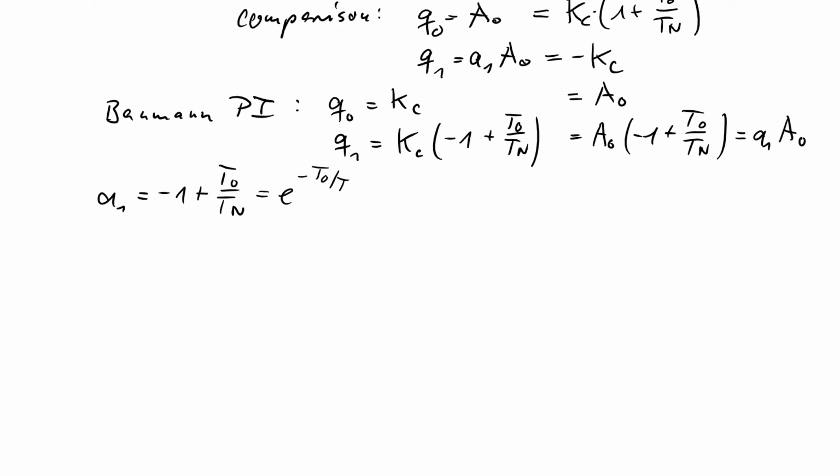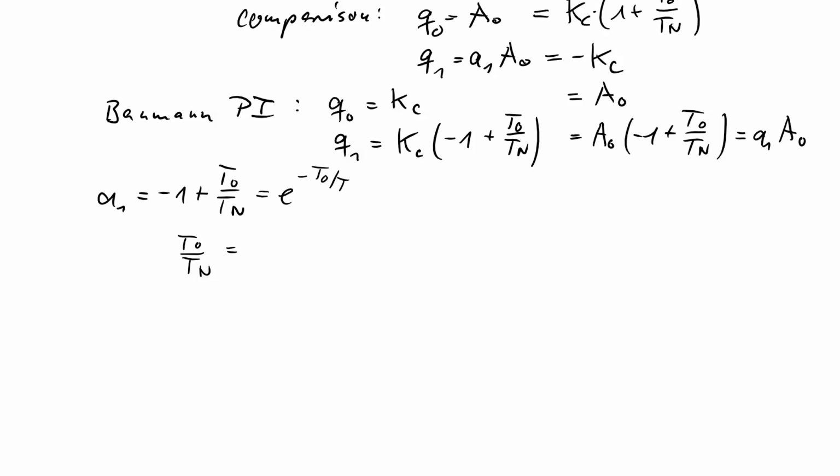If you compare this, I have done this. Tn over T sub O, you can solve this. If you want to know how large is the time constant of my PI controller, I can solve this equation to Tn.